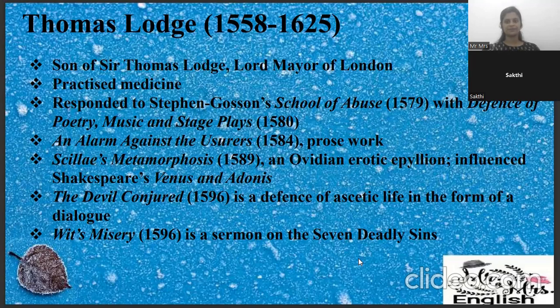This is a sermon on the seven deadly sins. There are seven deadly sins, and many of the writers included this as one of the themes in their works. So these are the major works by Thomas Lodge.